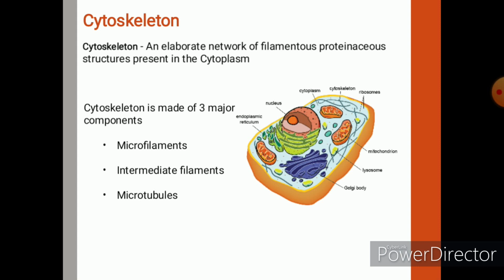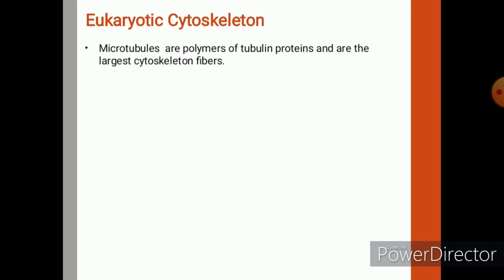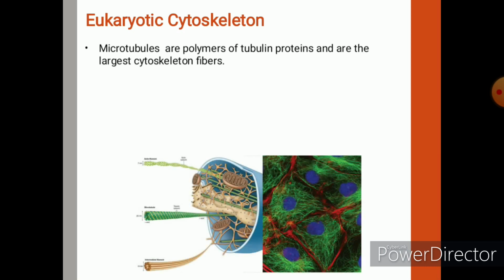Let us see the cytoskeleton of a eukaryotic cell in detail. The microtubules are the polymers of tubulin proteins. Polymers means long chains. So, long chains of tubulin proteins. And these are the largest cytoskeleton fibers.